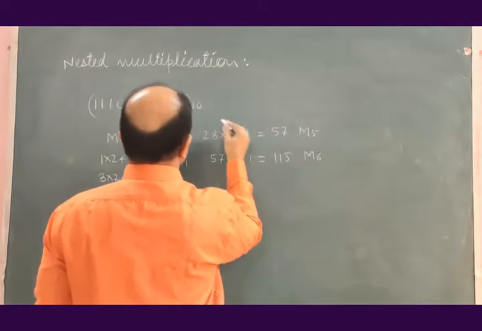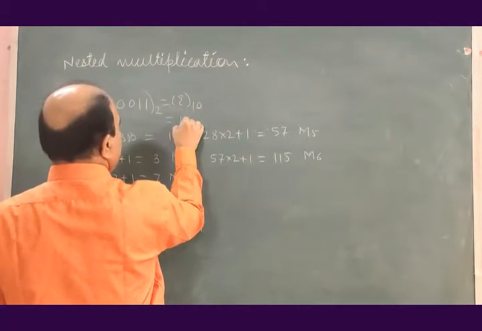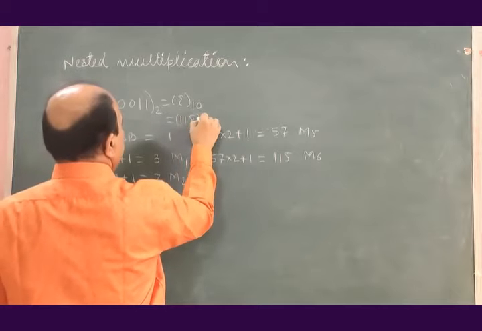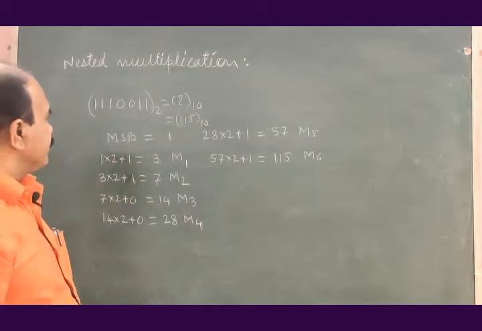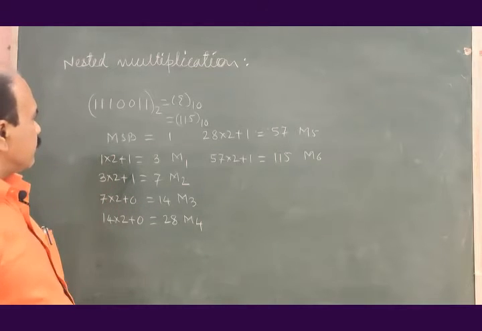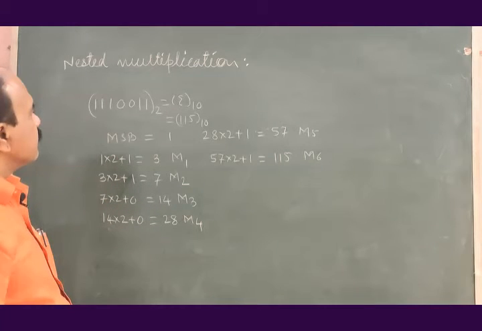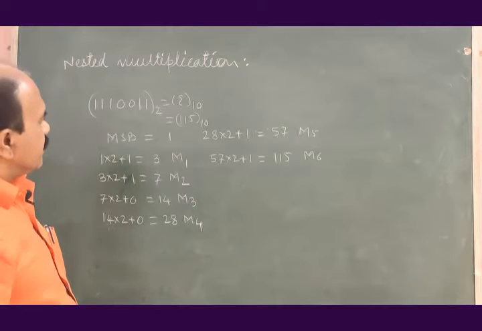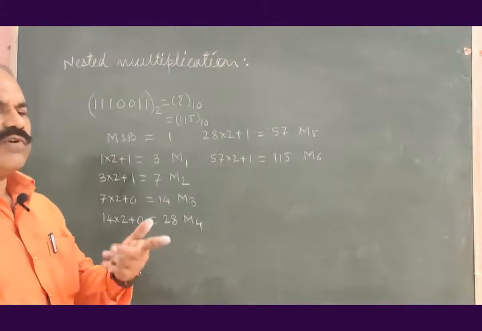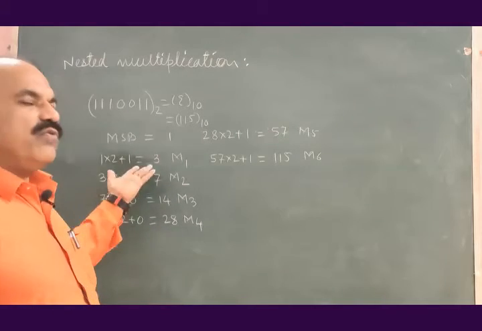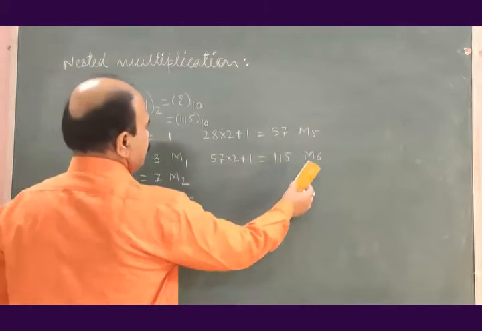So this number should be 115 in decimal. This is second example. Let us go for one more and then we shall go for the fractional part.